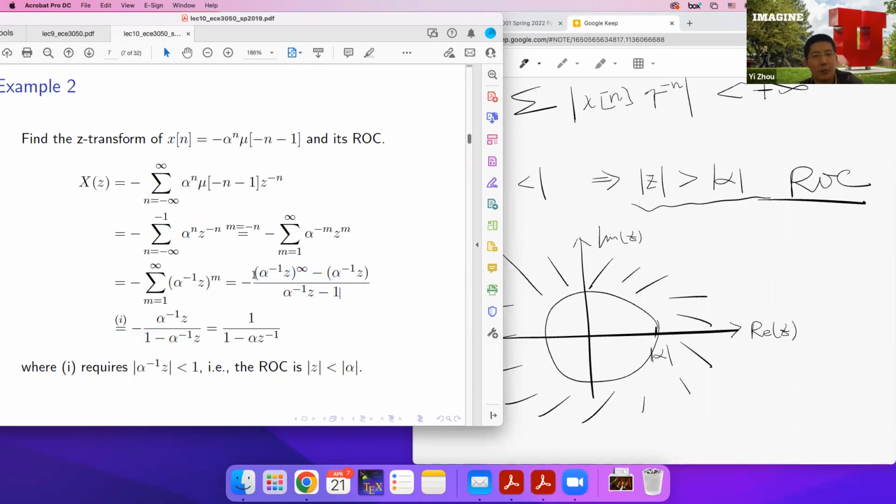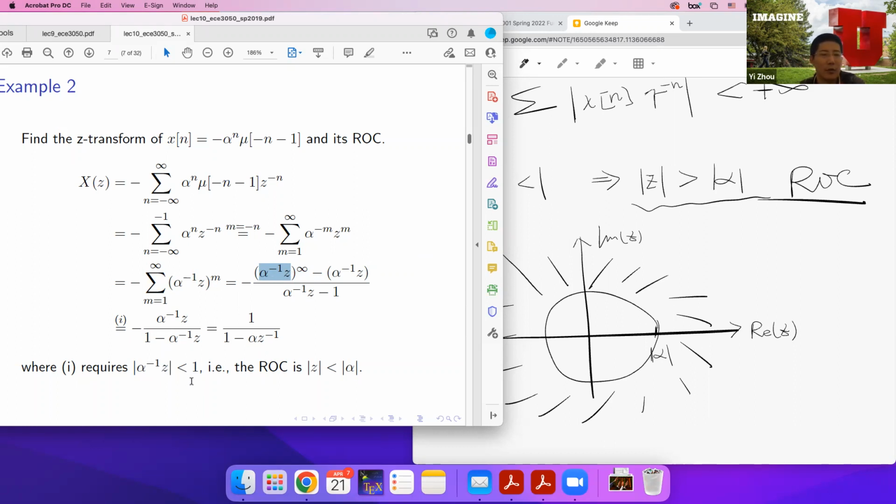And again, there's one term that needs to be discussed. In order for this term to converge, by the same criterion, we need the magnitude of this complex number to be strictly less than 1. So that gives us the region of convergence. But in this case, it's slightly different.